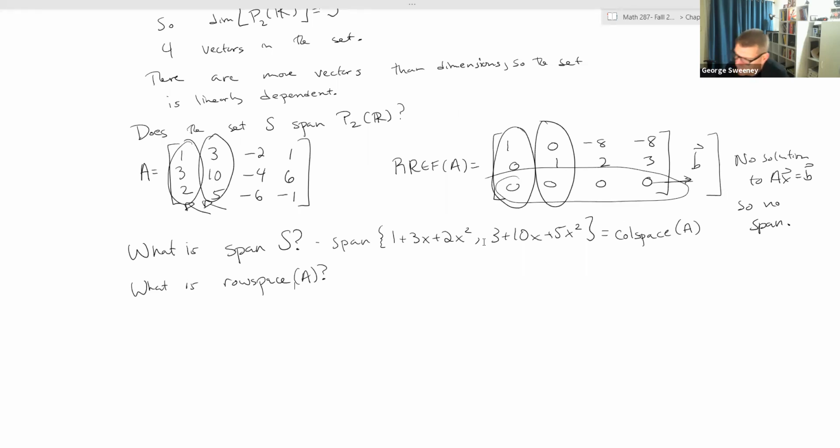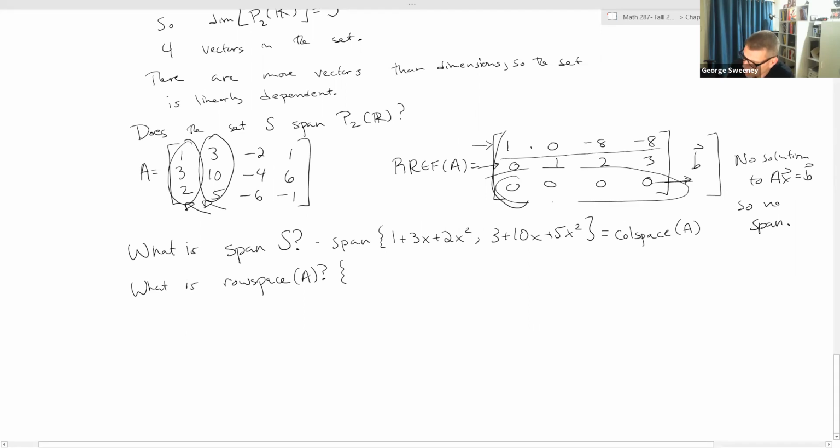Now we know with our definition of the row space, it's going to be the set of non-zero vectors in RREF of A. So it's going to be these first two rows, but I've got to rewrite them as polynomials. Something to notice here is that these are four-dimensional. There are four components in the row vectors.